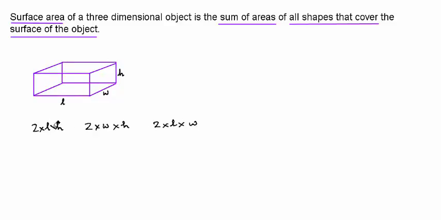The surface area is the sum of all of these taken together, which is equal to 2 times (length times width plus length times height plus width times height).